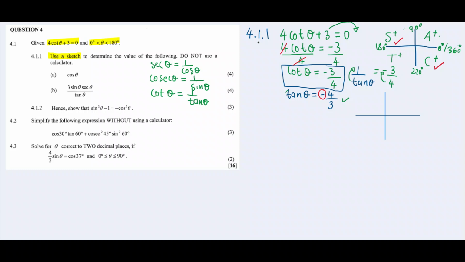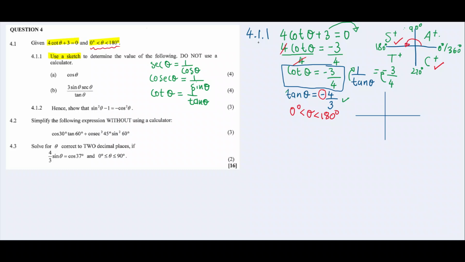So the problem now with this, it gives us two quadrants where the diagram can possibly be drawn, right? So we don't know where exactly the diagram can be drawn, so we will also make use of the second part, right? The second part tells you that the diagram should be drawn where the theta is between 0 degrees and 180 degrees.